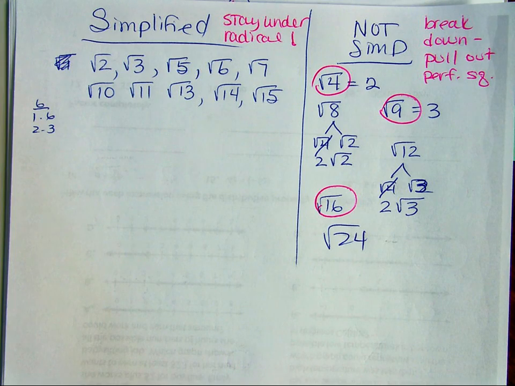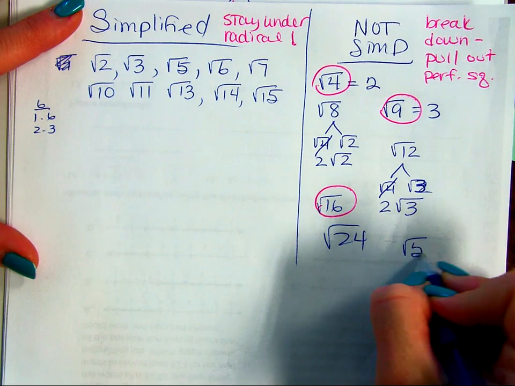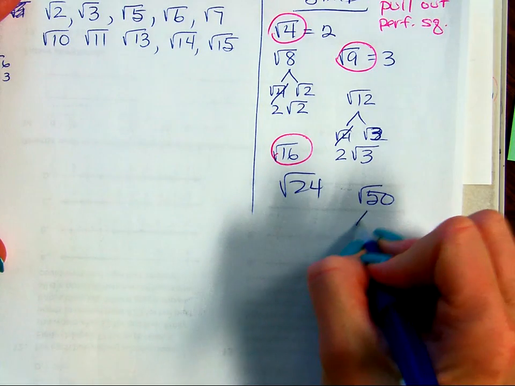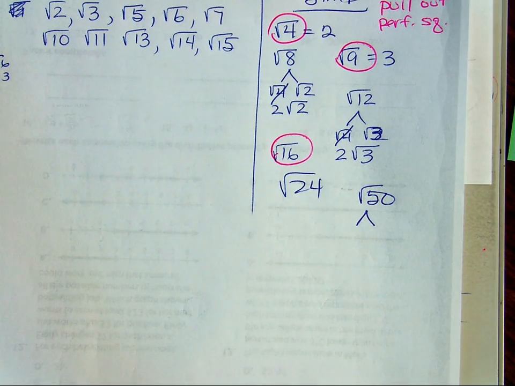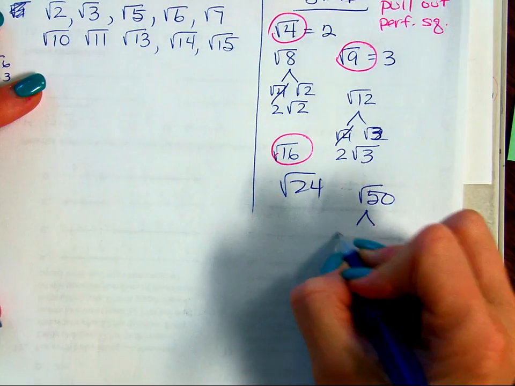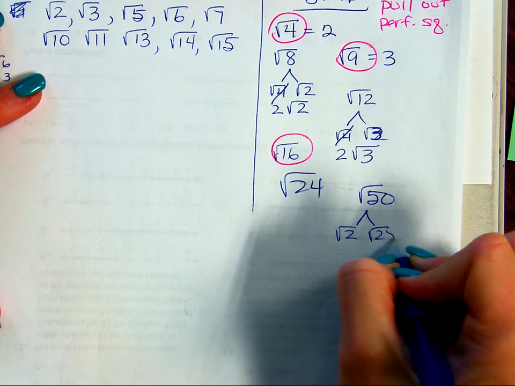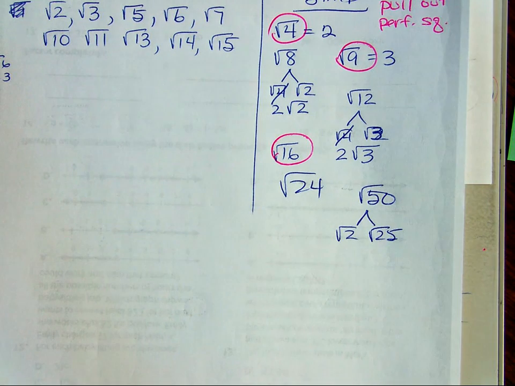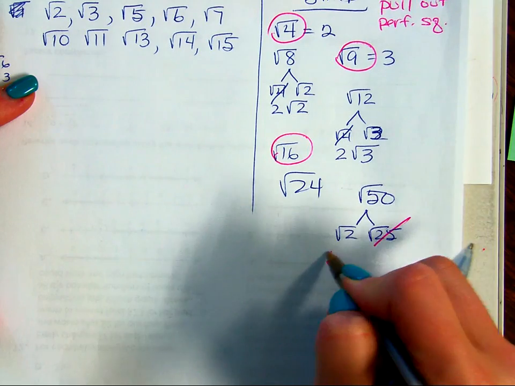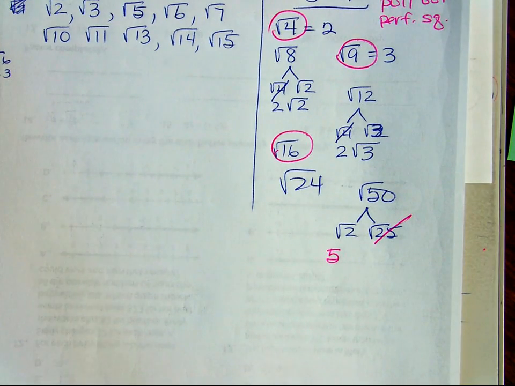What are the factors of 50? 50 would go on the not simplified part because 5 times 10, what good is that going to do you? Nothing. But what about the square root of 2 times the square root of 25? Does that work? And what is the square root of 25? 5. So pull it out. You just set it free, but that 2 has got to stay.